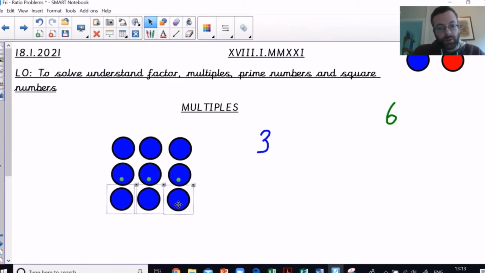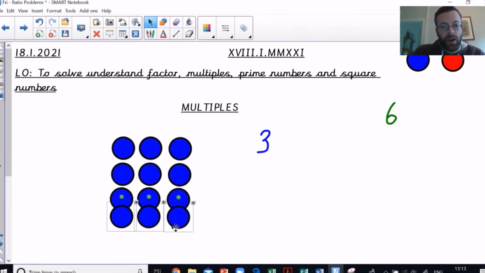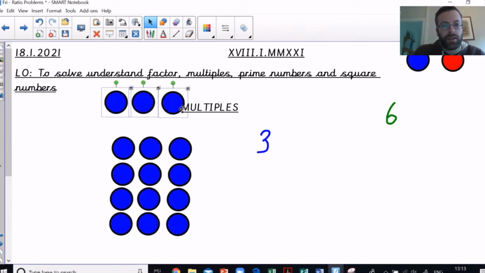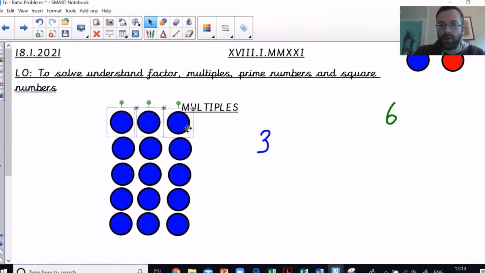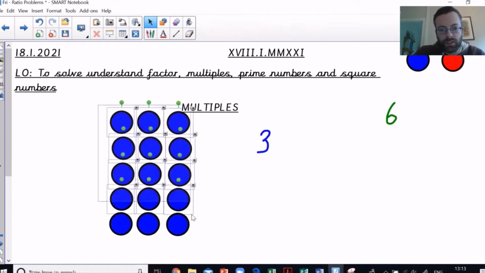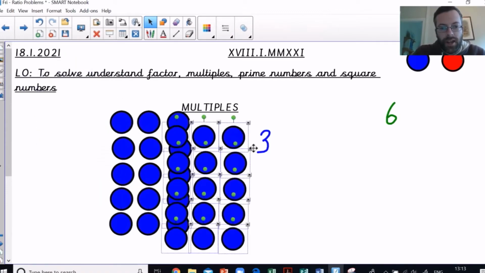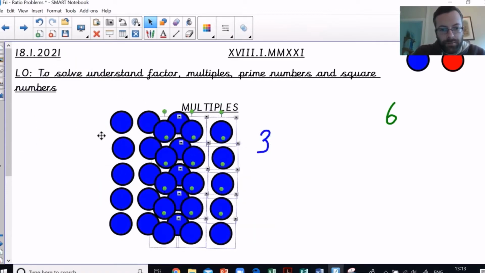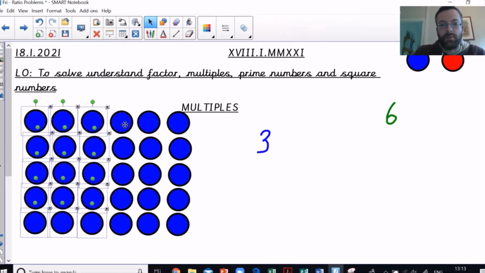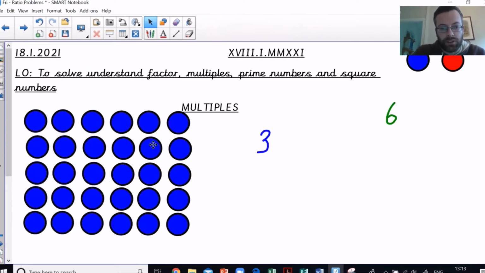9. Another multiple of 3 would be 12. Another multiple of 3 would be 15, and we could keep on going and going and going. As long as we could split them into 3s, as long as it is the result of 3 times something, that is a multiple of 3. That would also be a multiple of 3, because it is 3 times, 1, 2, 3, 4, 5, 6, 7, 8, 9, 10.